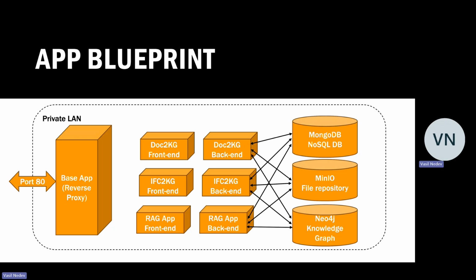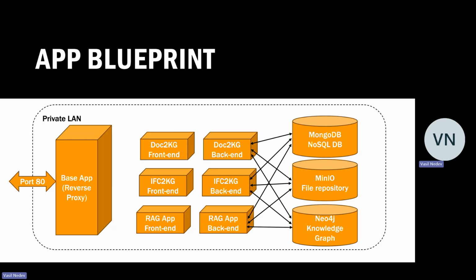One of them is to convert documentation to knowledge graph, and you can see in the middle the top two boxes, doc2kg front end and doc2kg back end. So these are the two parts of the application, one of them running on the client side, one running on the server side.